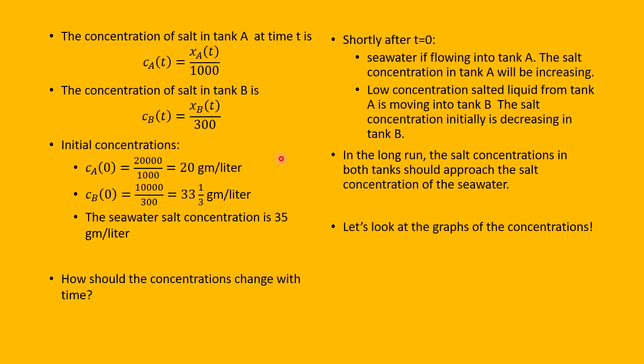What about tank B? Tank A starts at time 0 with 20 grams per liter of salt. Tank B starts with 33 1/3 grams per liter of salt. So if you let this salt mixture flow into tank B, the concentration in tank B is going to go down, because you're flowing salt water into tank B that has a lower concentration of salt than tank B had initially.